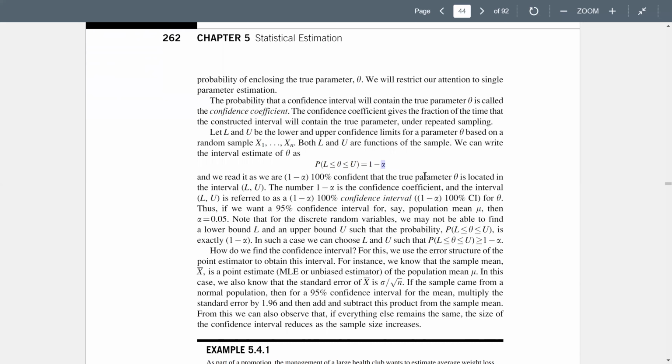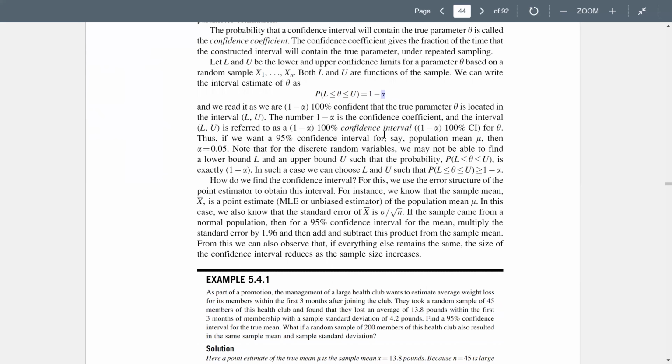And alpha usually goes from 0.01 to 0.1, 1% to 10%. So our goal is to construct an interval that, suppose alpha is 10%, 90% of the time will capture the target.